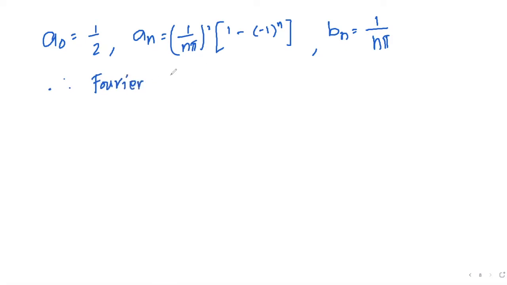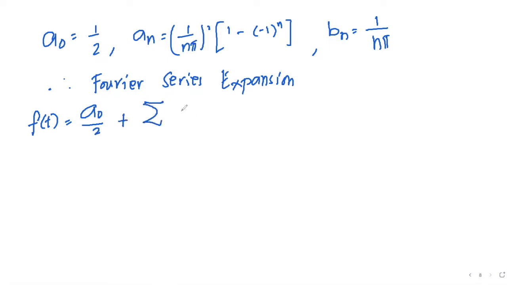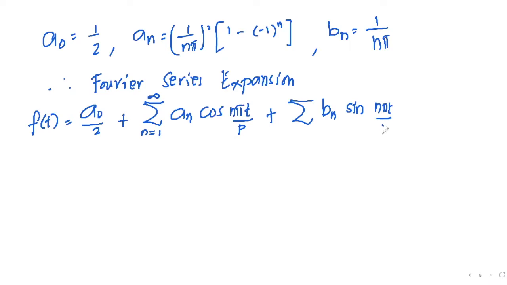And the Fourier series expansion is f of t equal to a sub 0 over 2 plus the summation of a sub n cosine of n pi t over p with n from 1 to infinity plus the summation of b sub n times sine of n pi t over p, where n is from 1 to infinity.